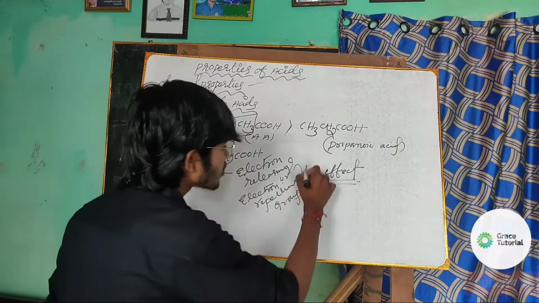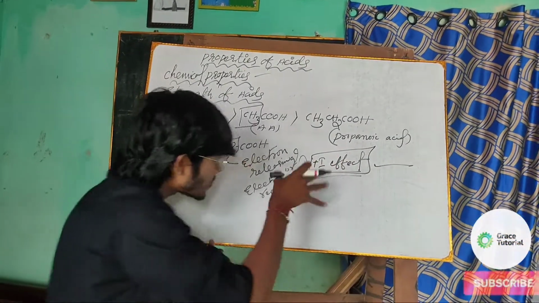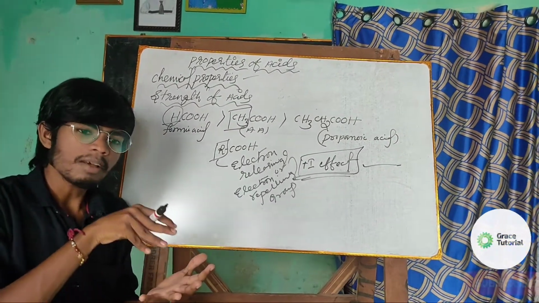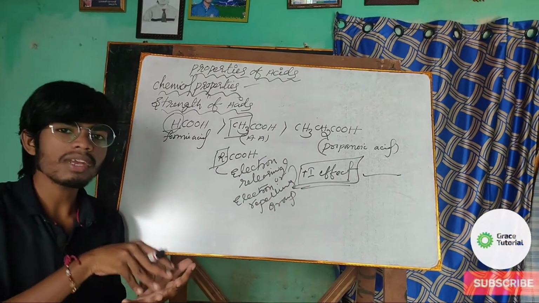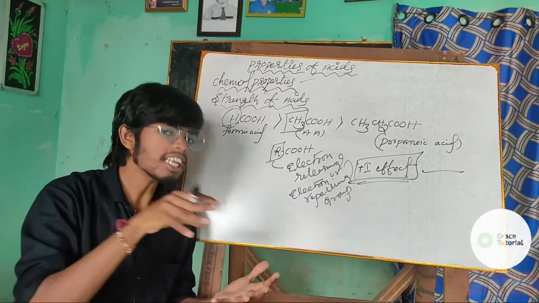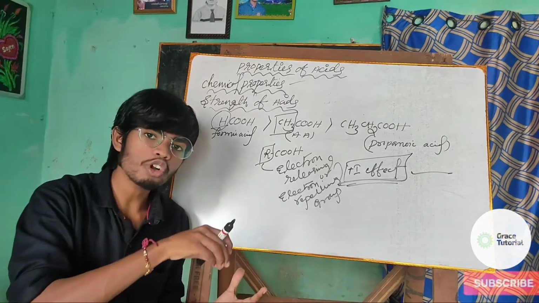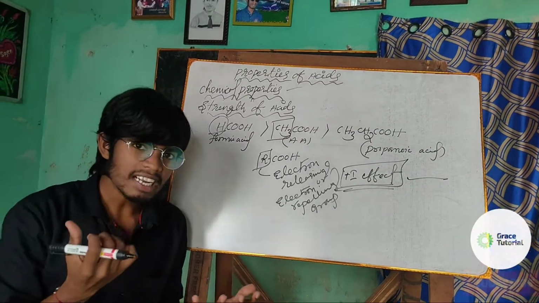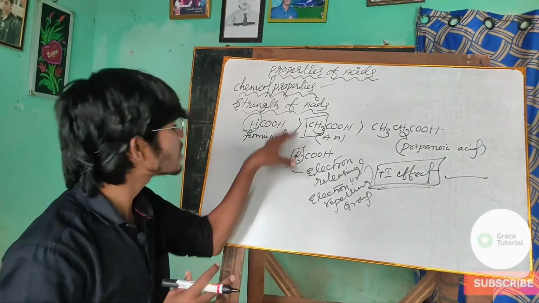If you are asked how we can explain that formic acid is stronger than acetic acid, you need to remember this plus I effect. What does the plus I effect indicate? The more the number of electron releasing or electron repelling groups, the lesser will be its strength, that means acidic strength.